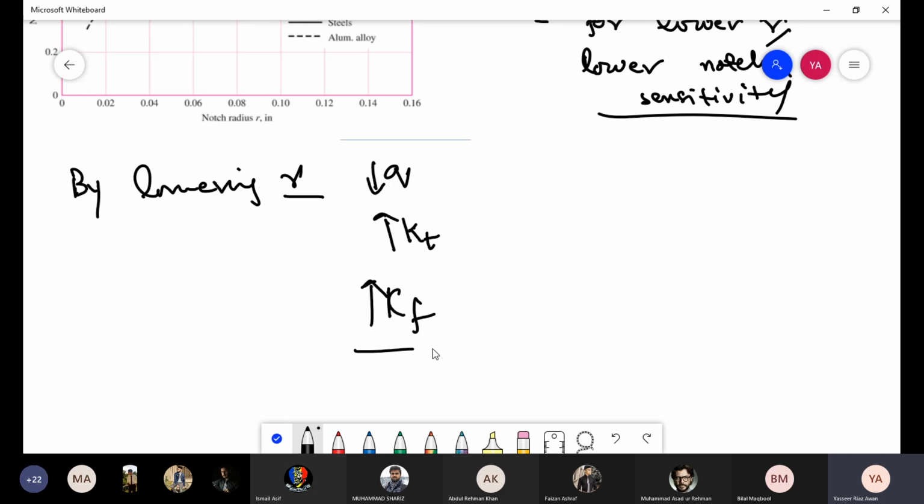So the lesson we already know is that if you have section changes, holes, or keyways, you should have as generous a fillet as possible. And this Q value in ductile materials, as we have seen from the figure, generally varies within this range.